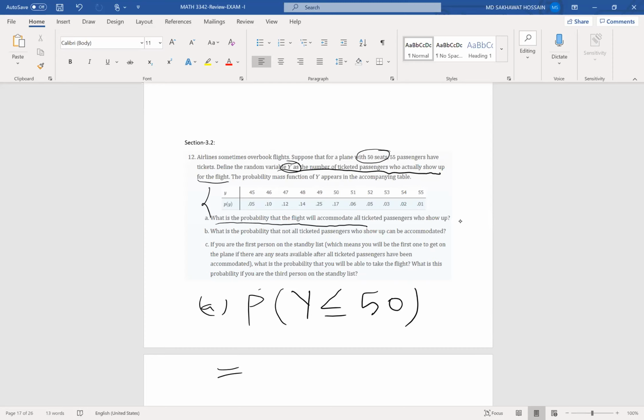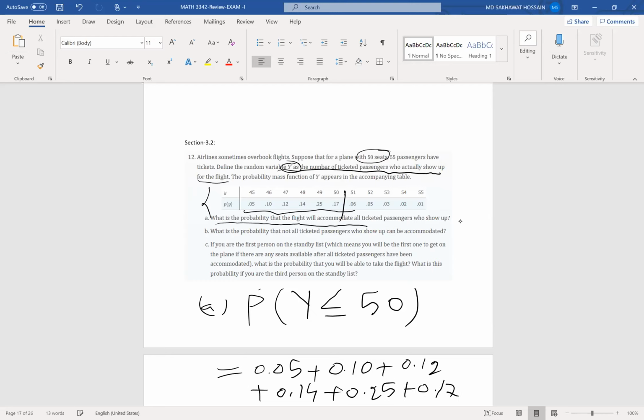So you have to add the probabilities up to this. The probability is 0.05 plus 0.10 plus 0.12 plus 0.14 plus 0.25 plus 0.17. So this is the probability, and you have to add them together.